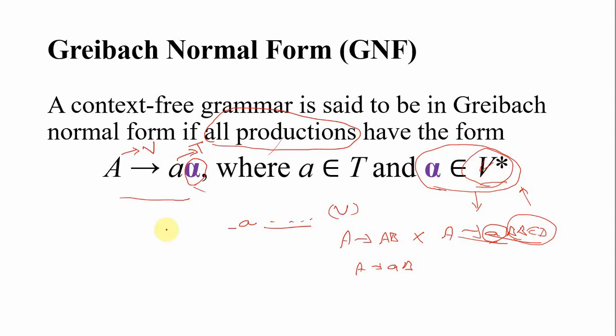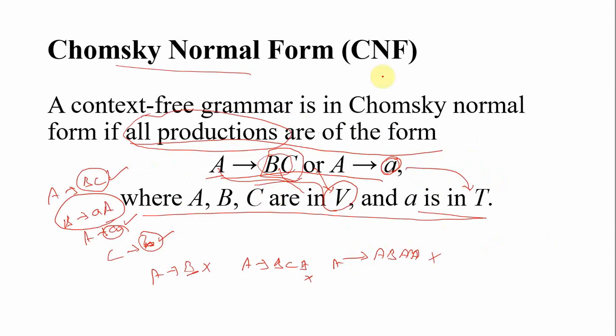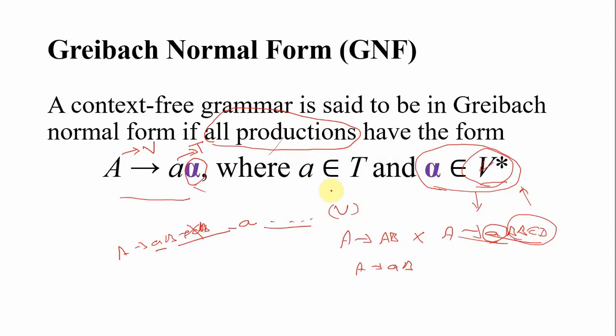It cannot have anything like this, a combination of variables and terminals, no combination will be allowed in the case of GNF. It should start with the terminal. After that, it should be only the variables alone in Greibach normal form. Okay, so CNF, two variables or a single terminal, GNF, one terminal followed by any number of variables.